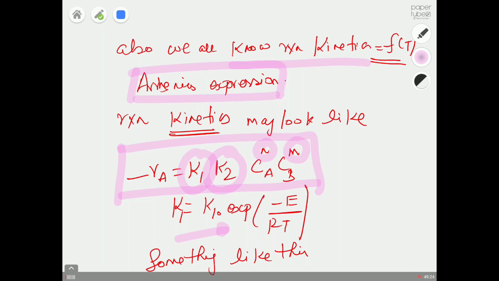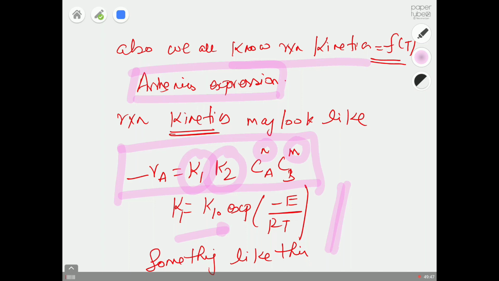Yeah? So k is equal to exponential of your activation energy divided by the gas constant multiplied by the temperature. So this is some expression that we need to supply. Only then it will correctly calculate your output for the given set of inputs.